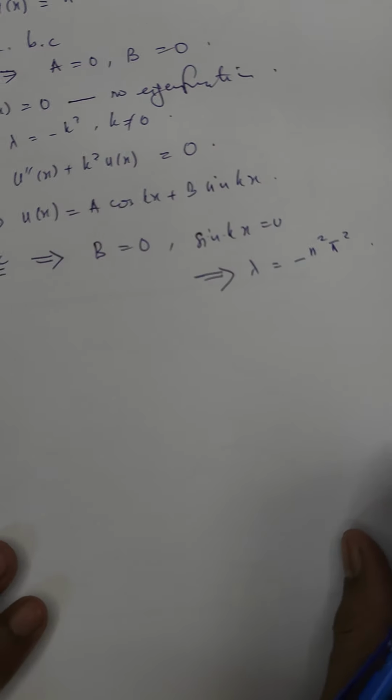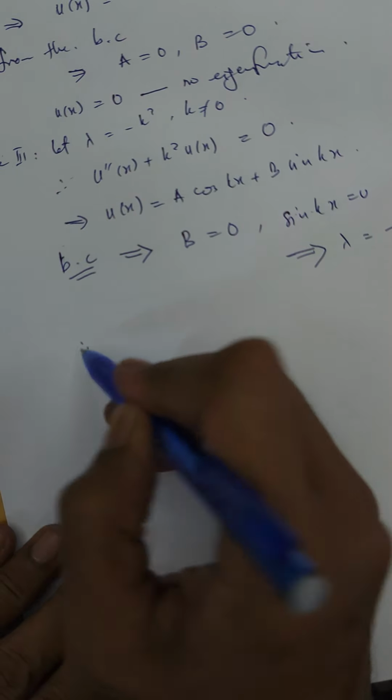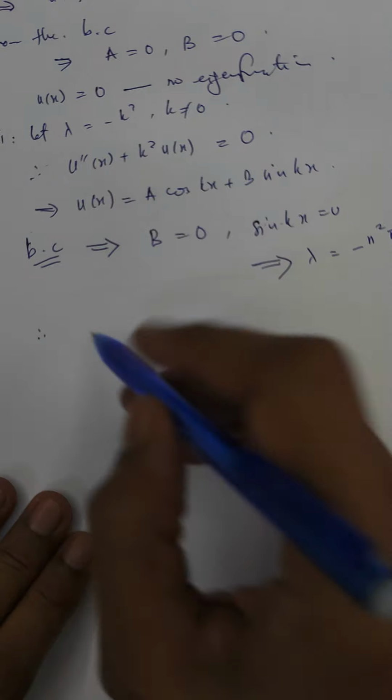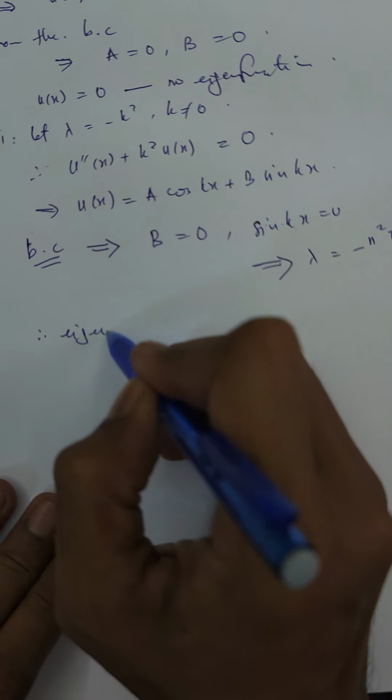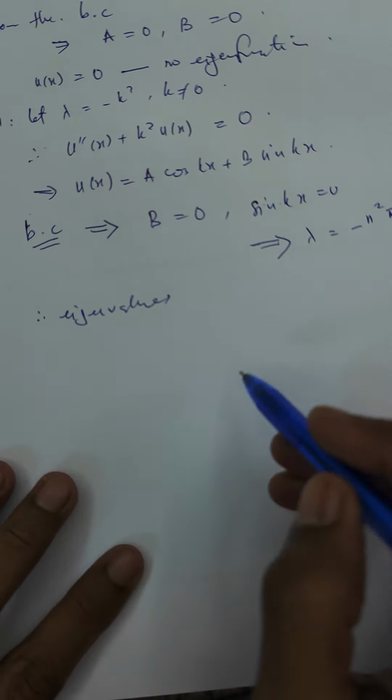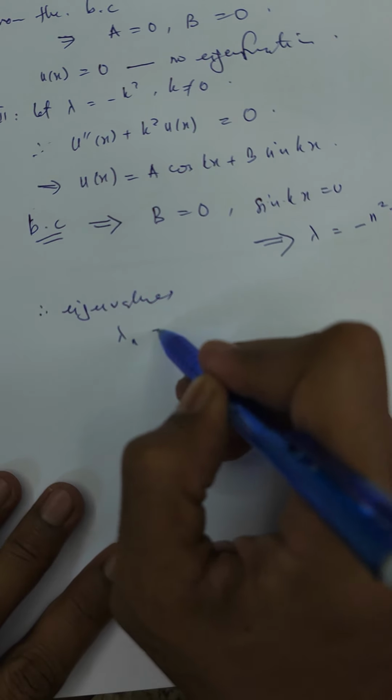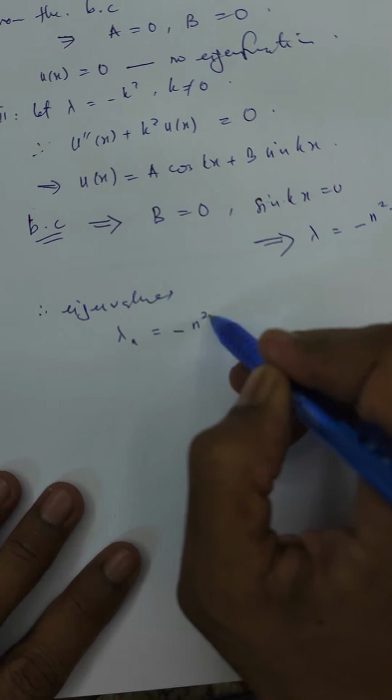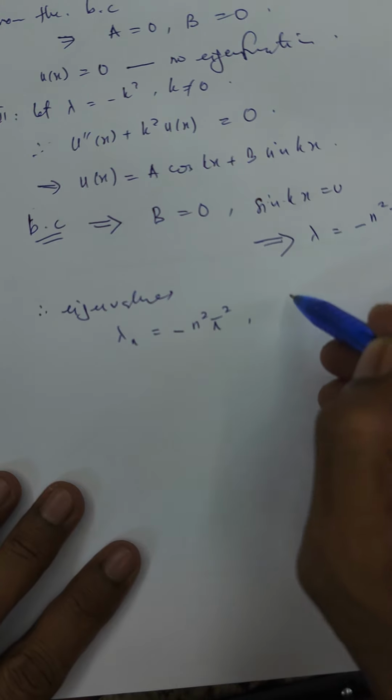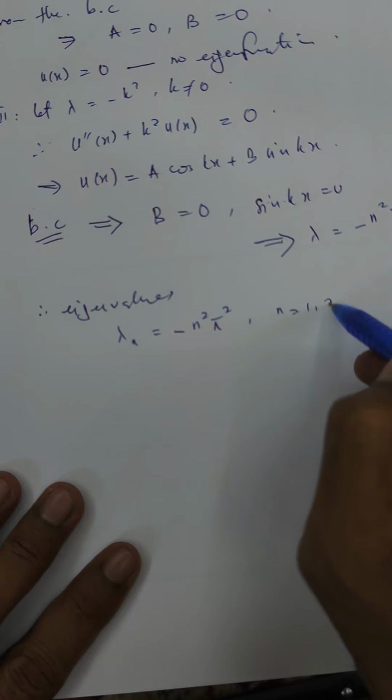Now, having obtained those, our eigenvalues are given by lambda n is equal to minus n squared pi squared for n equal to 1, 2, 3 and so on.